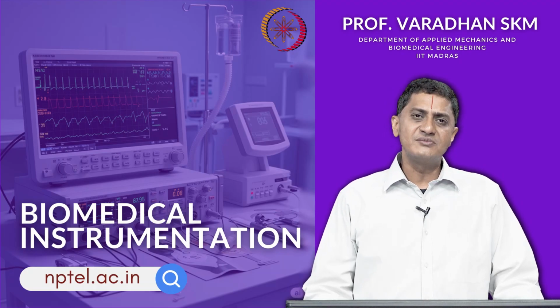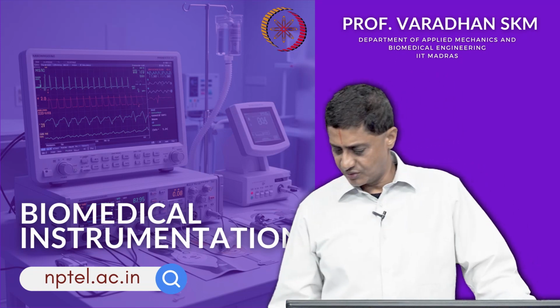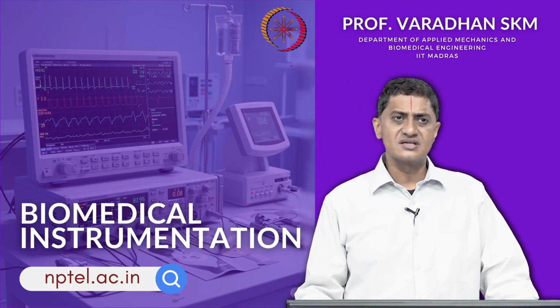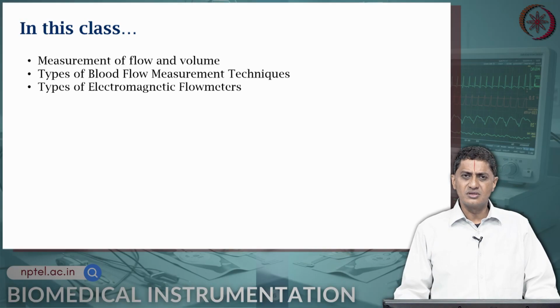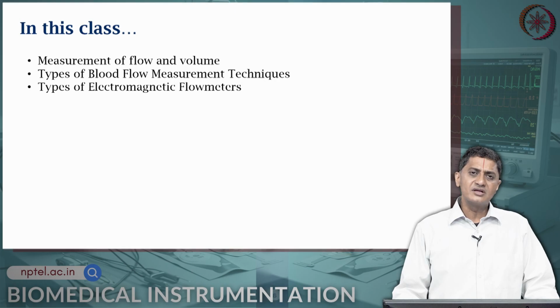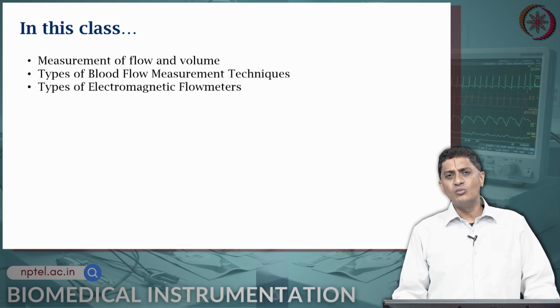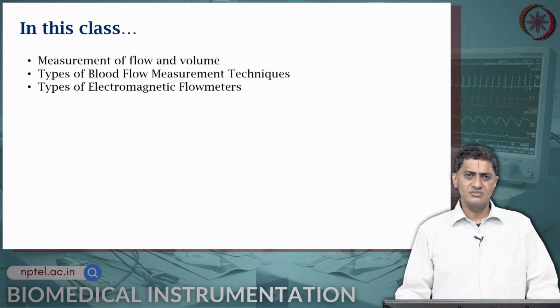There are different types of flow meters, and in this video we will discuss the measurement of flow and volume. What is the difference between flow and volume? Flow is unit time rated volume, that is how much quantity of a substance or a fluid has flown in a given time.